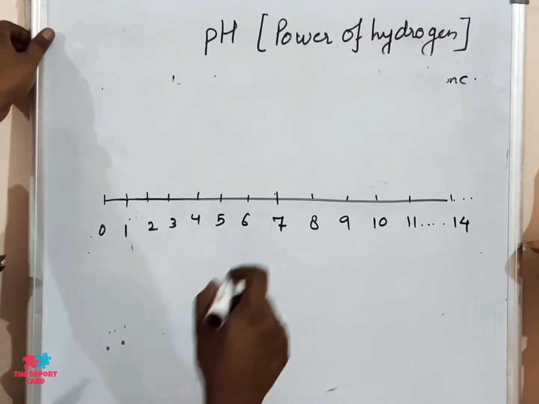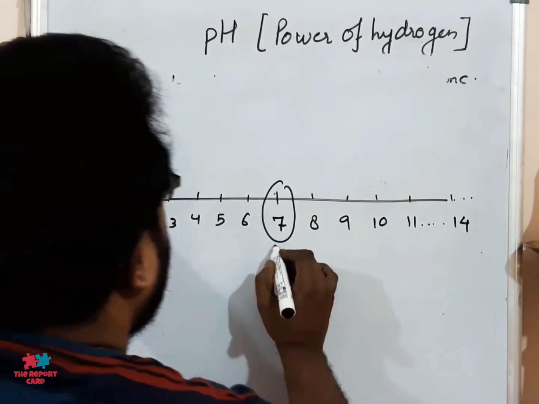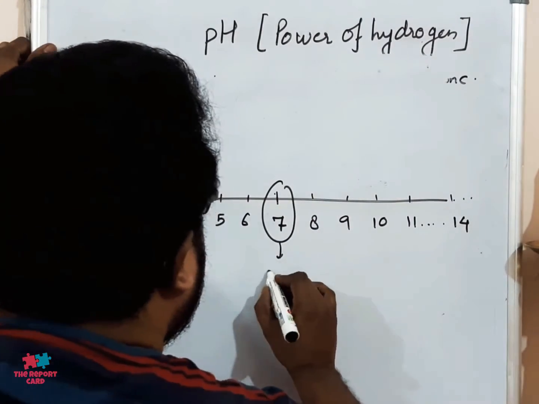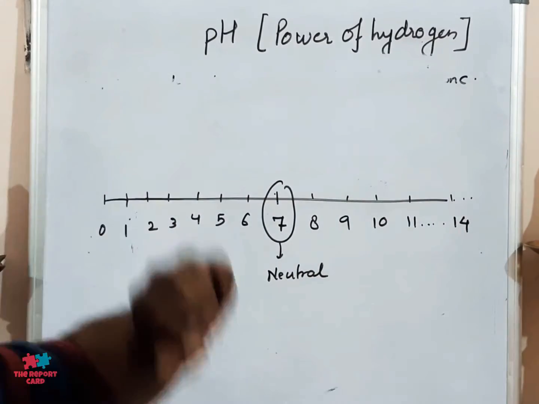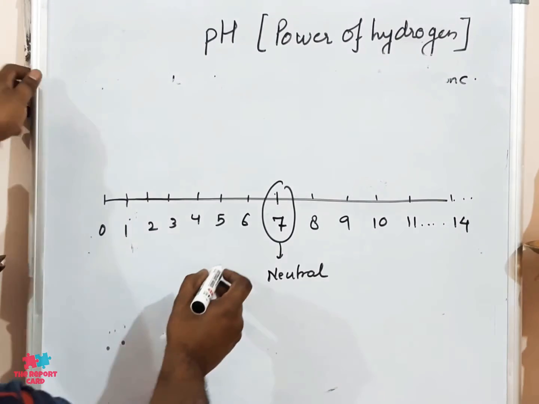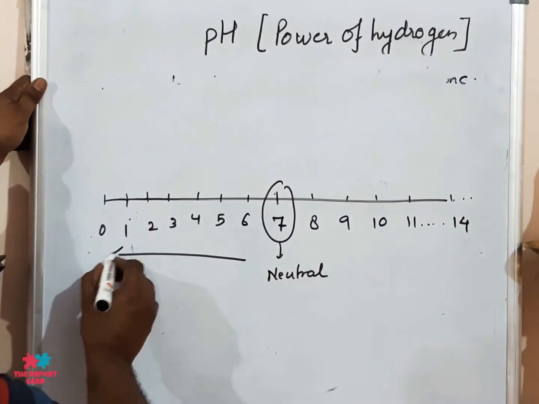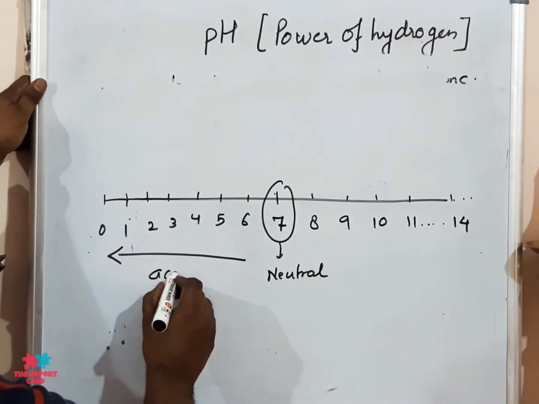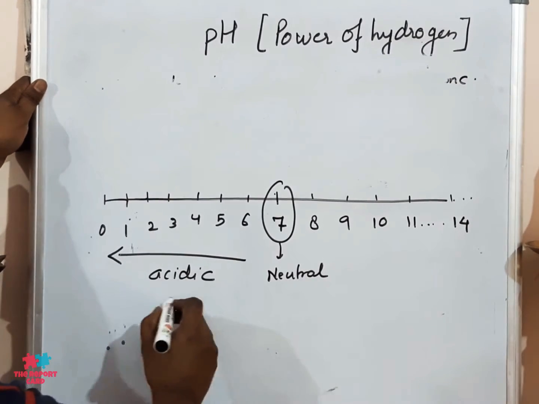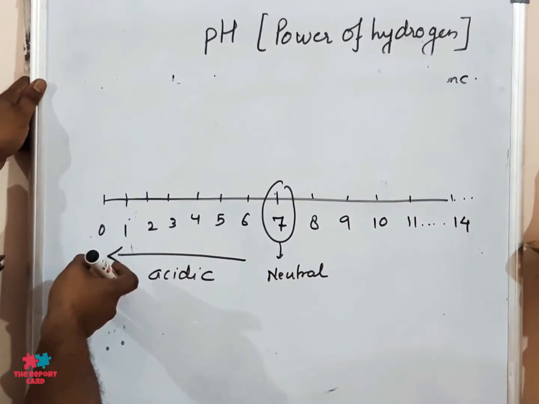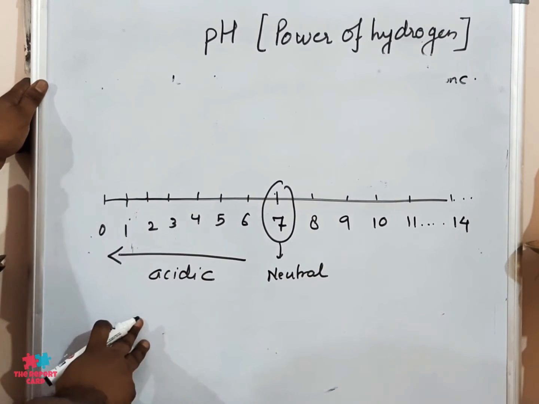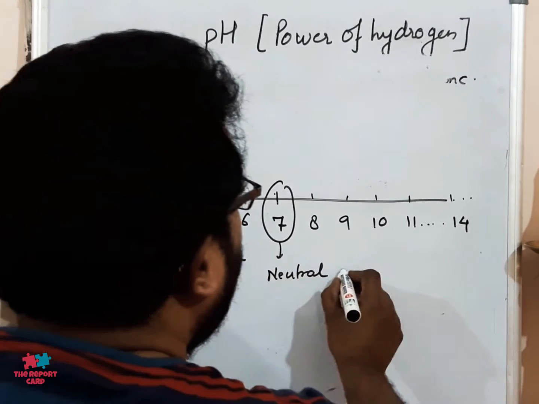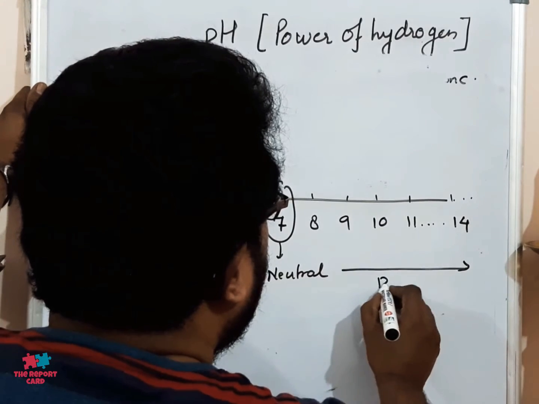So 7 is considered as neutral. As we move this side, it becomes acidic, so acidity is increasing. The less the value of pH, the more acidic the solution will be, and here the solution will be basic.